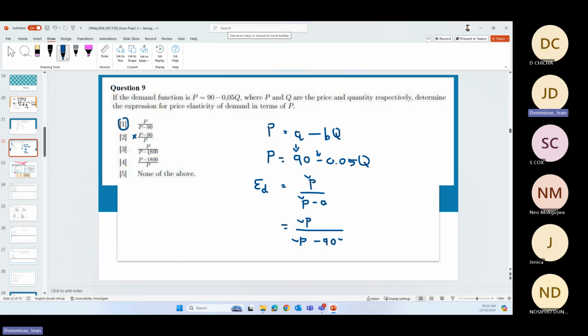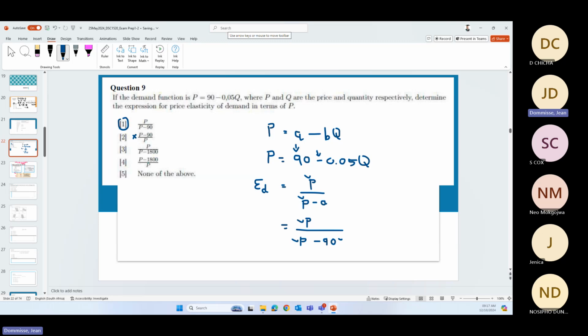P minus. Okay, so that is in terms of Q, because then it would have been 90 times 90, which gives you, well, no, that can't be 90 times 90, because that would have been 8,100. Okay, so that one is an interesting one. I don't know how, if you said maybe 90 divided by 0.05.